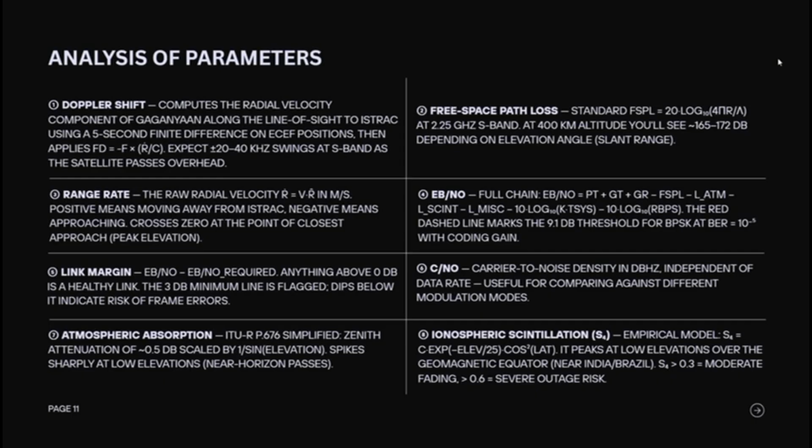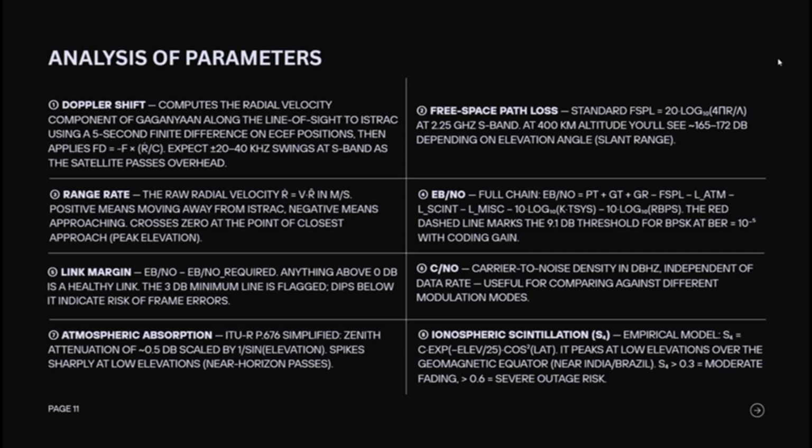Then we looked at link margin, which acts like a safety buffer in communication. If expected interference or atmospheric effects weaken the signal, a positive link margin helps maintain the communication link without interruption. Finally, we also considered atmospheric effects like atmospheric absorption and ionospheric scintillation.